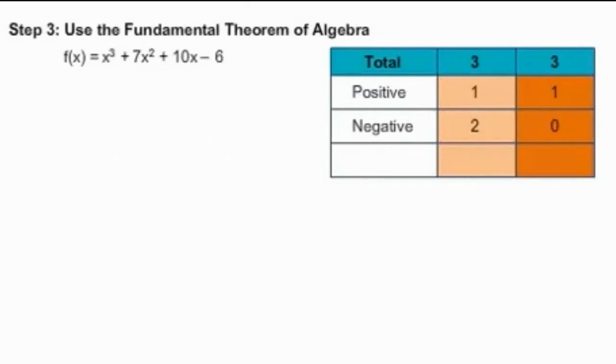To determine the possible number of complex zeros, subtract the possible number of positive and negative zeros from the total number of zeros. In the second case, if there is one positive zero and 0 negative zeros, 2 complex zeros are possible. To summarize, the function f of x equals x cubed plus 7x squared plus 10x minus 6 has 1 positive zero, 2 or 0 negative zeros, and 2 or 0 complex zeros.